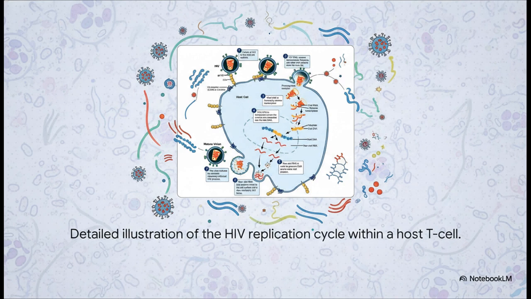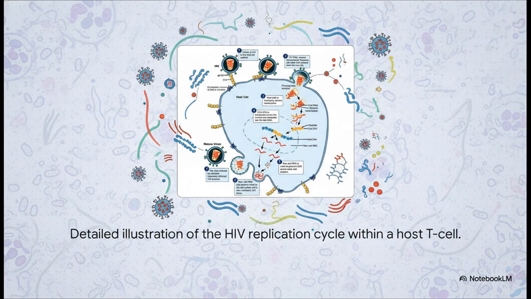So it starts when that viral envelope protein, GP120, binds to the CD4 receptor on a target cell, usually a T helper lymphocyte. But that's not enough. It also needs to bind to a co-receptor, which is usually either CCR5 or CXCR4. Once that happens, the GP41 protein goes to work, causing the membranes to fuse and letting the viral core slip into the cytoplasm.